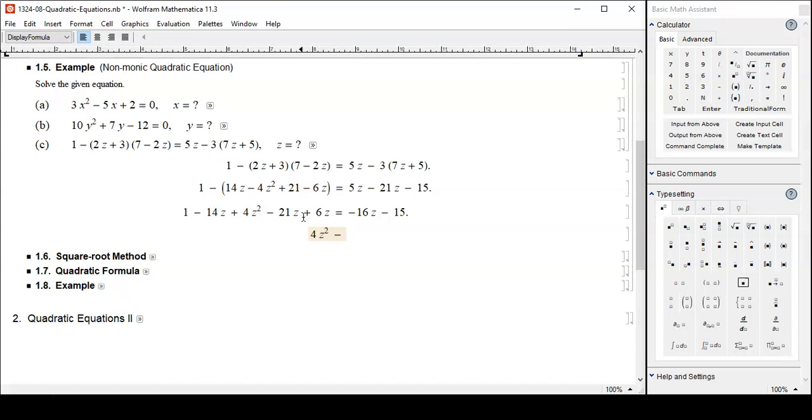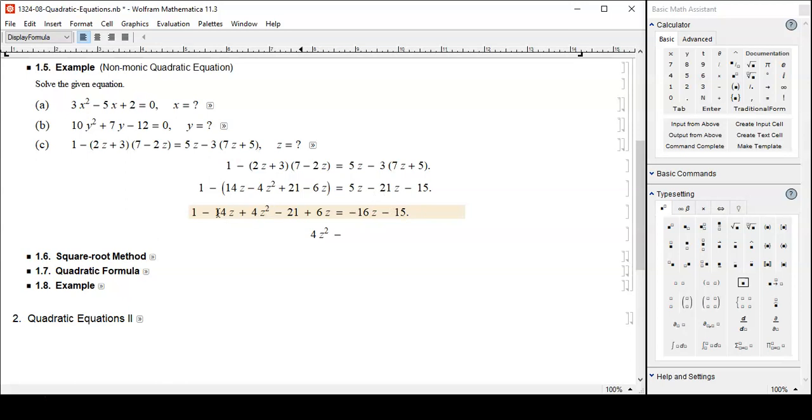Well, this is what happens if I write and speak at the same time. Let's go back here and see if everything is right again. Negative 14z, positive z squared, negative 21, positive 6z, and then put these together, negative 16z, negative 15. Okay, looks okay to me now, finally.